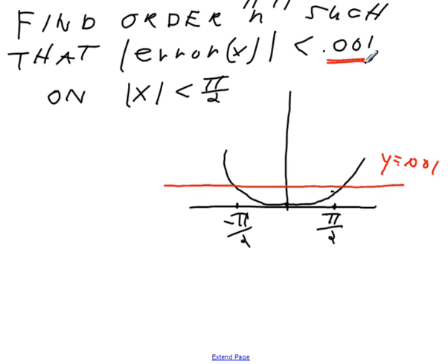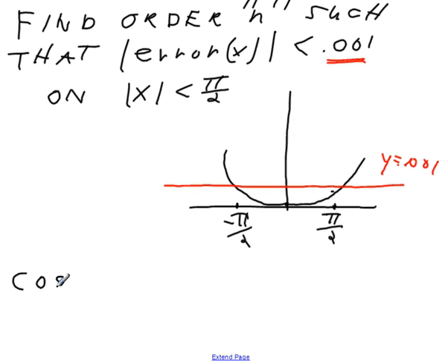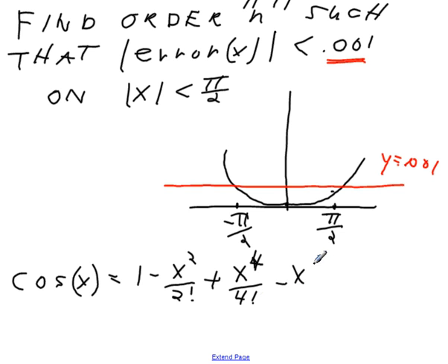Remember what we're looking at again. Let's write down that cosine approximation. So we've got the cosine of x, and it's 1 minus x squared over 2 factorial plus x to the 4th over 4 factorial minus x to the 6th over 6 factorial.